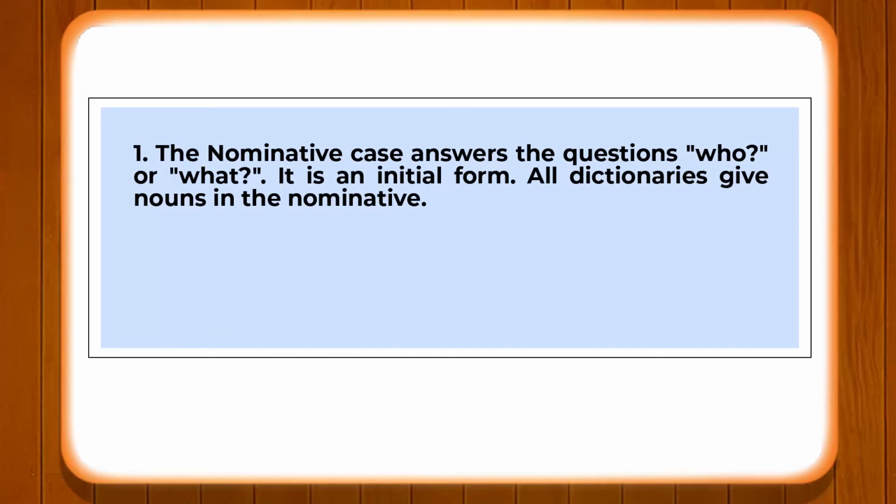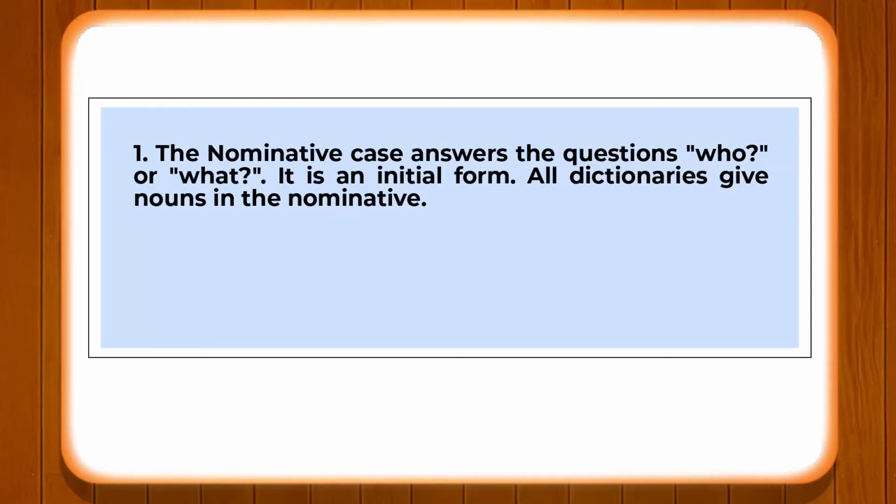So, the first one is known as the nominative case or imenitelny padyesh. It answers the question who or what. So, we already know kto and chto, where we seek whether it is animate or inanimate. So, kto is animate and chto means inanimate.